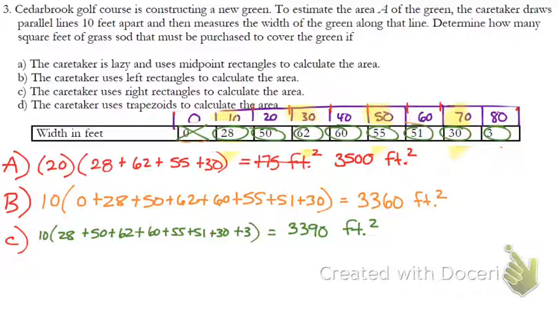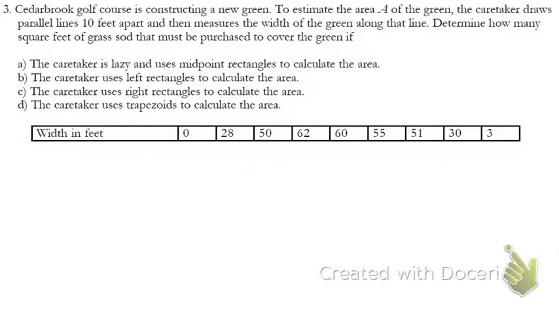All right, and then the last one I want to look at is the part D, which is the trapezoidal Riemann sum, and I just want to erase all of this really quick so we can look at a picture of it. So we have 0, 10, 20, 30, 40, 50, 60, 70, and 80.